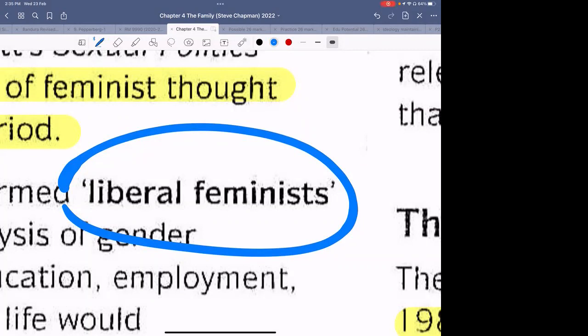लीगल सिस्टम को इस्तेमाल करते हैं, सोशल पॉलिसीज को लेके आना, so the Equal Pay Act, the discrimination, like there were changes made.